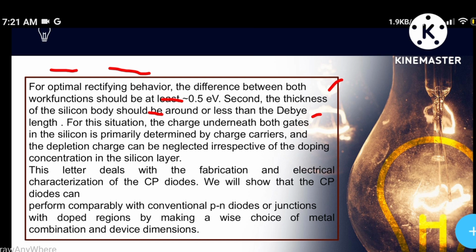This letter deals with the fabrication and electrical characterization of CP diodes. This whole PPT deals with the fabrication and electrical characteristics of the CP diodes.